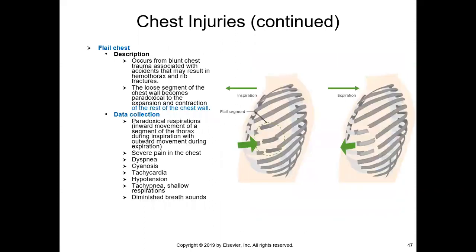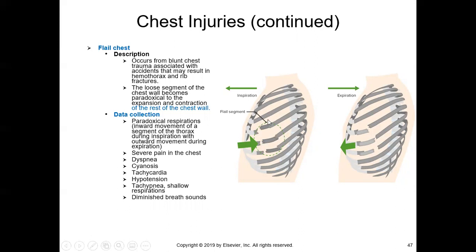What next? The next topic is called flail chest. So what is flail chest? It is almost like chest injuries, but a little bit different. In this picture, we can see fracture of the ribs in multiple positions.